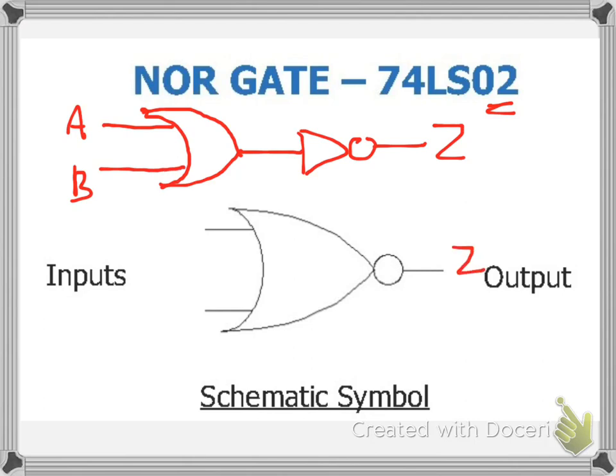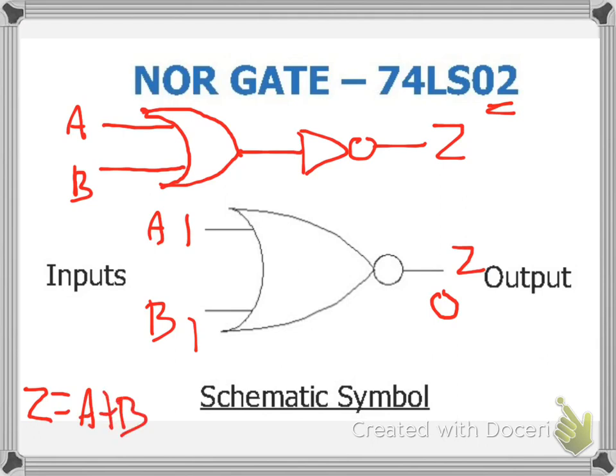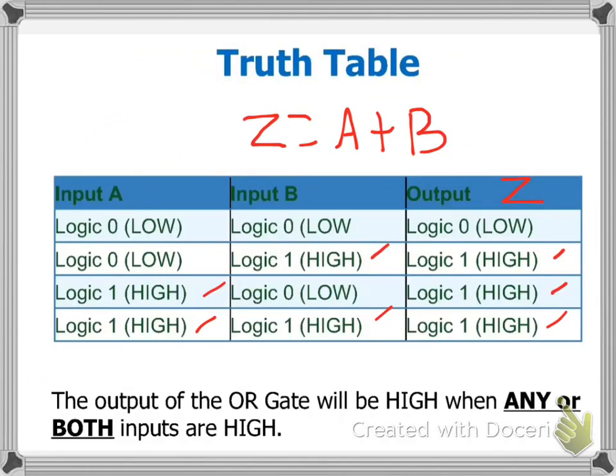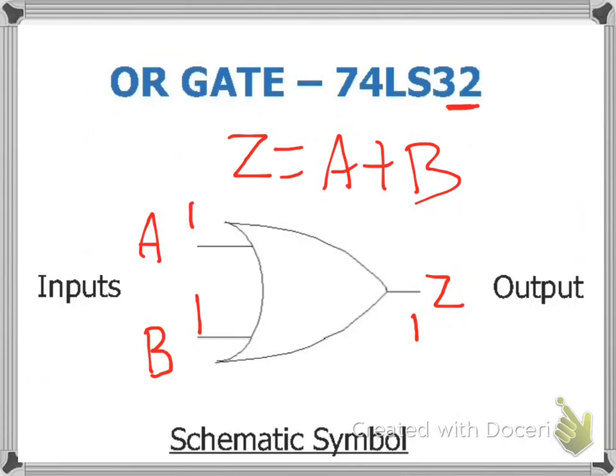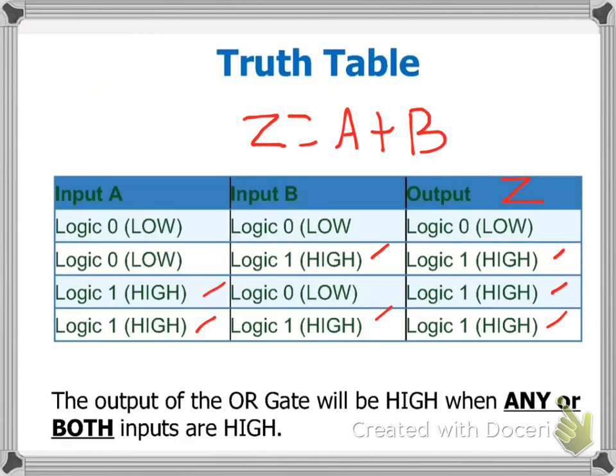So this will be Z, this will be A, and this will be B. Z will be low if A or B is 1. Z equals A ORed with B, NOT. Again, that NOT is because we have an inverter there. Compare that to over there: there's no inverter, so there's no NOT.